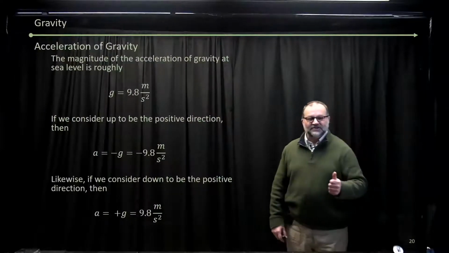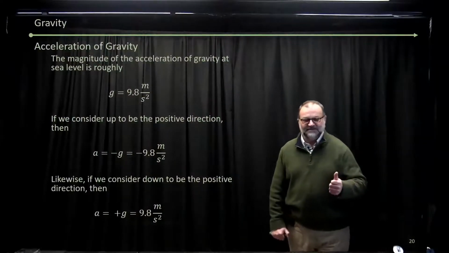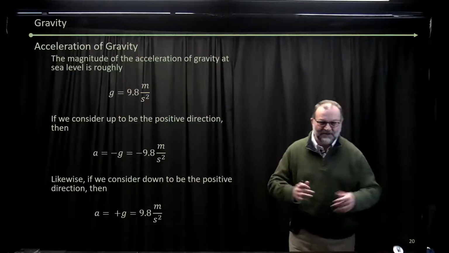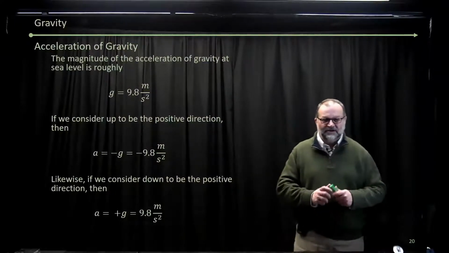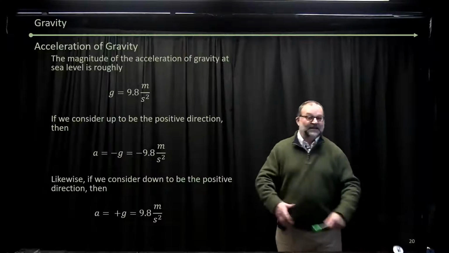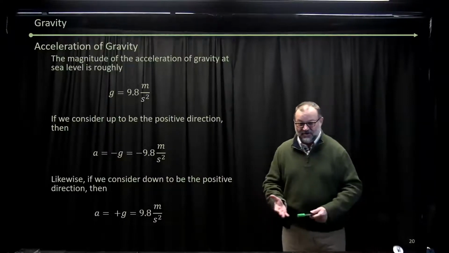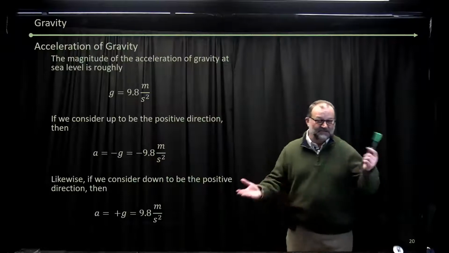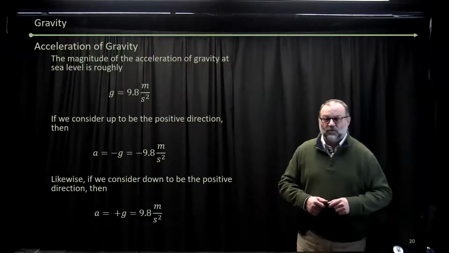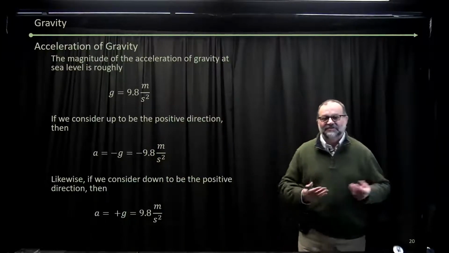The acceleration of gravity is, we'll call it, a constant. In most of your experience, it's going to be a constant. If you launch satellites, it's not, because as you get further from the Earth, you have less gravity. Gravity is not even constant on the surface of the Earth.